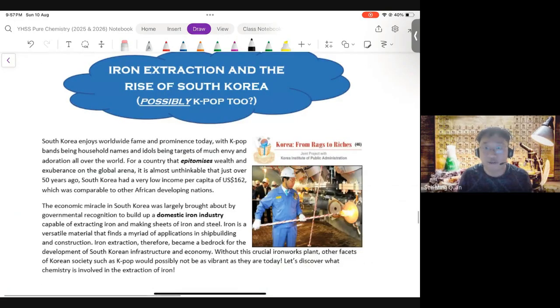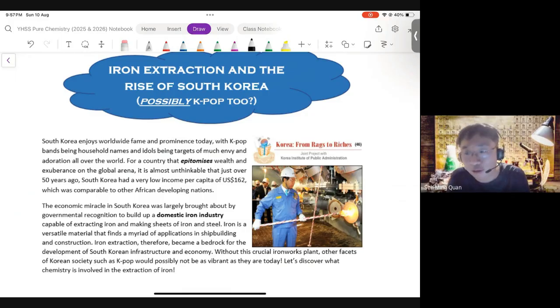So a lot of us have talked about K-pop, cultural heritage. It's undeniable that Korean culture has infiltrated every single aspect of modern life. Pop culture today is unimaginable without mentioning Korean dramas, Korean songs. But South Korea as a country did not used to be rich.